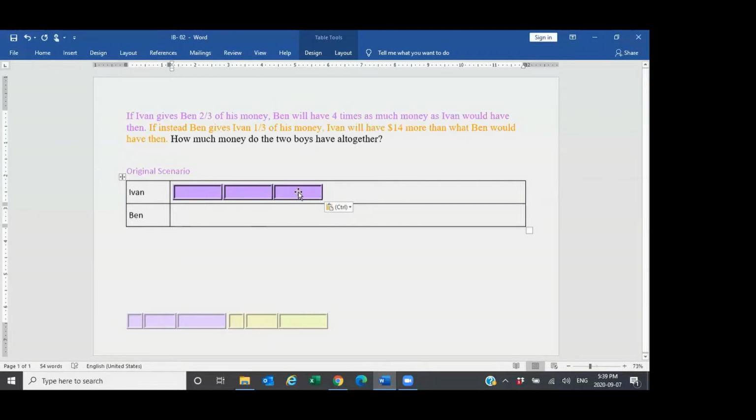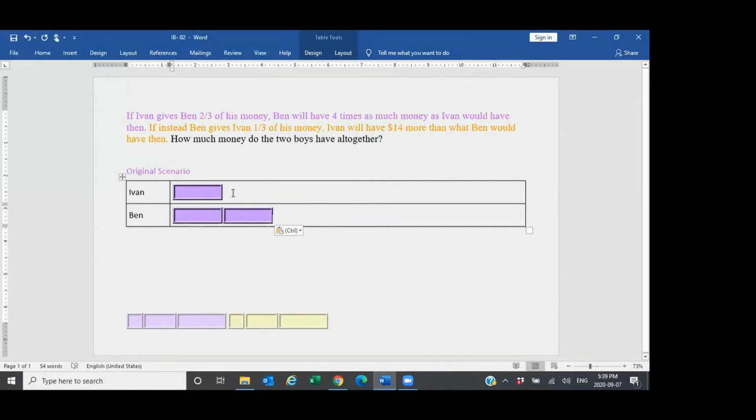But it says here that he gives Ben 2/3. So I'm just going to take them from Ivan and actually give it to Ben. Okay, there we go.